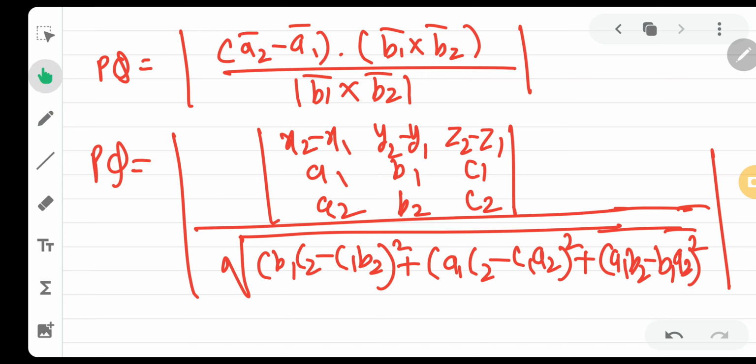I will tell you how I wrote down the denominator, because the numerator was easy. a2 minus a1 is x2 minus x1, y2 minus y1, z2 minus z1. b1 bar is a1 b1 c1 and b2 bar is a2 b2 c2.